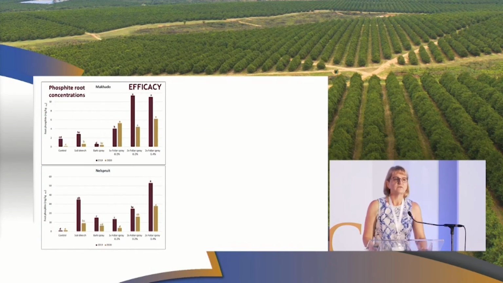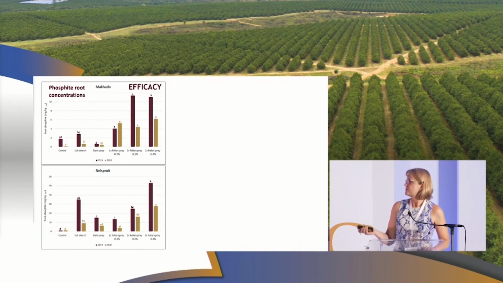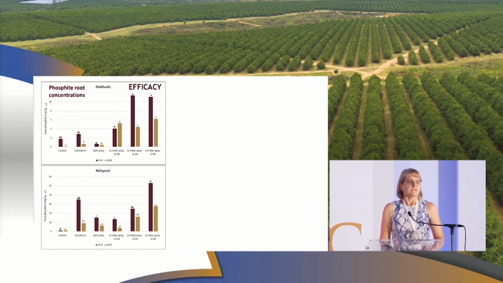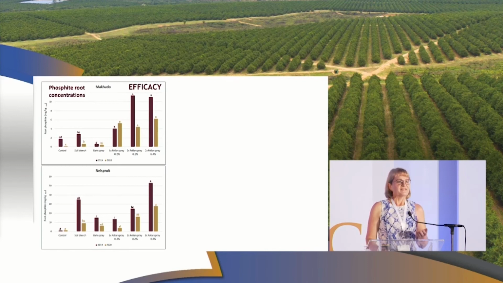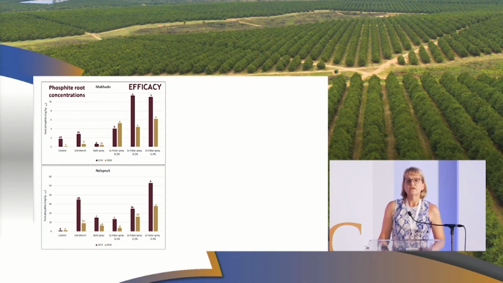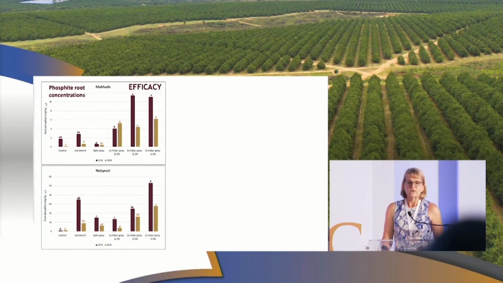So these are the results from our trials. We did one trial in Mikado and one trial in Nail spray. These graphs show you where we measured root phosphate concentrations. Phosphonates break down in trees to phosphate, which is an anion and actually controls the pathogen. So we can monitor how effective our applications are by quantifying the phosphate in the roots.